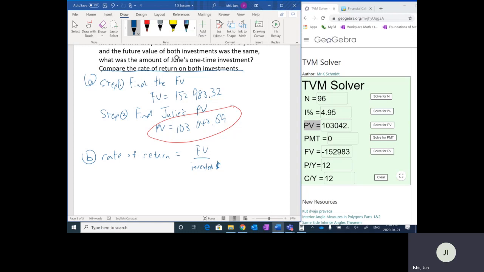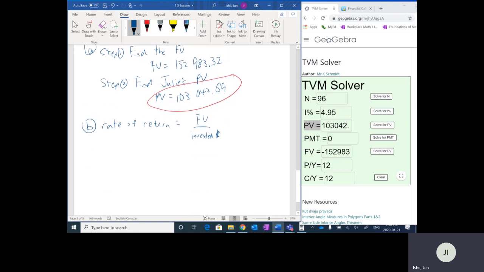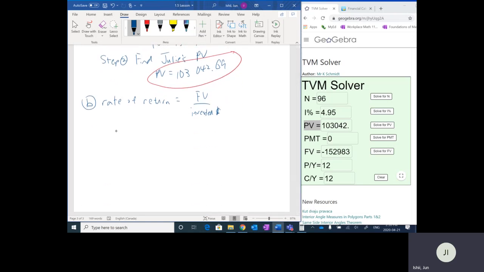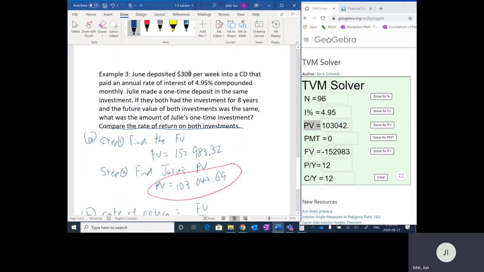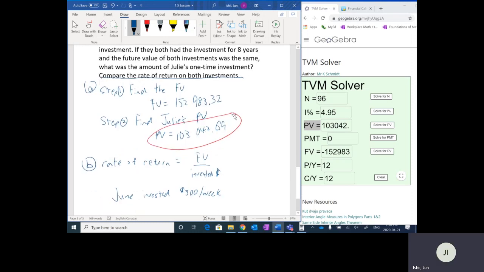So let's compare the two. First off, let's figure out what June put in. June invested, what was it? It was $300 a week for 8 years.